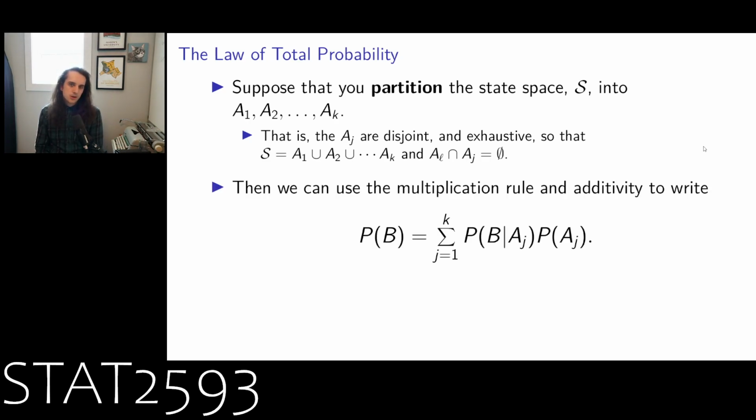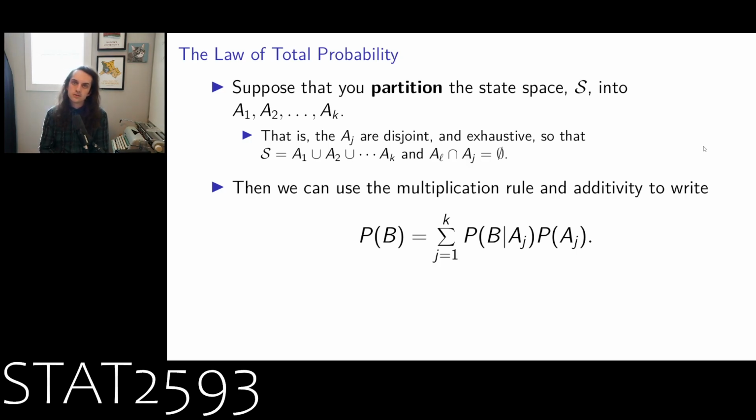Then if we use the multiplication rule, we can see that the probability of some event B and any one of those events A_j happening is given by the probability of B given A_j times the probability of A_j.